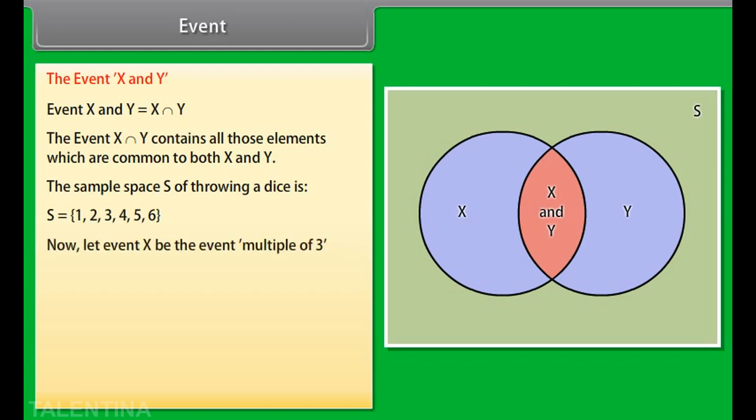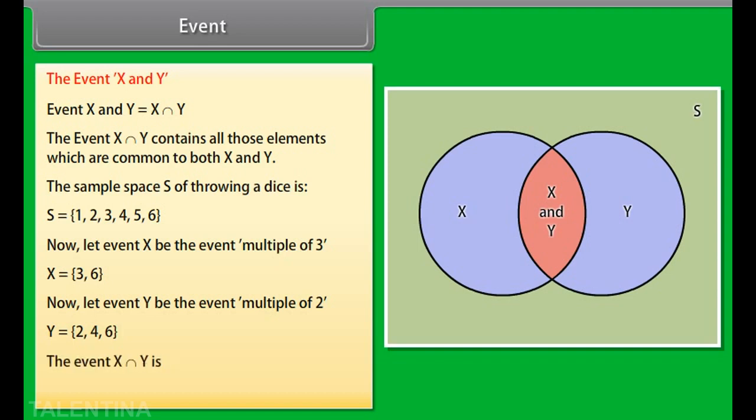Now let event X be the event multiple of 3. X = {3, 6}. Now let event Y be the event multiple of 2. Y = {2, 4, 6}. The event X intersection Y is {6}.